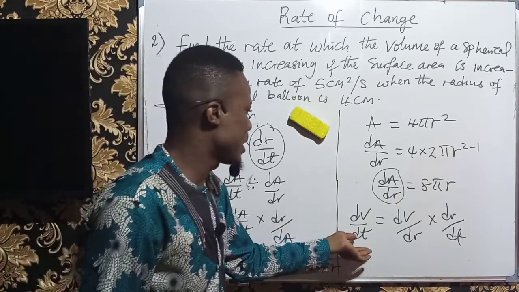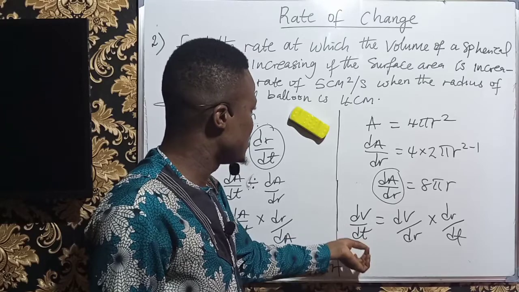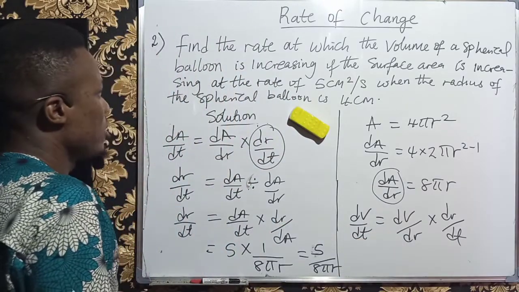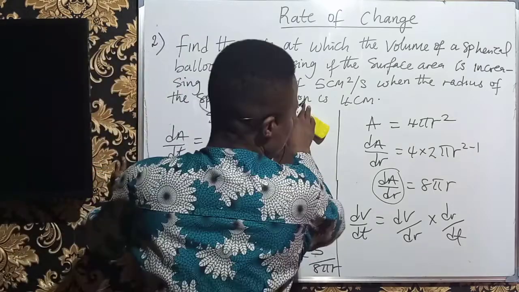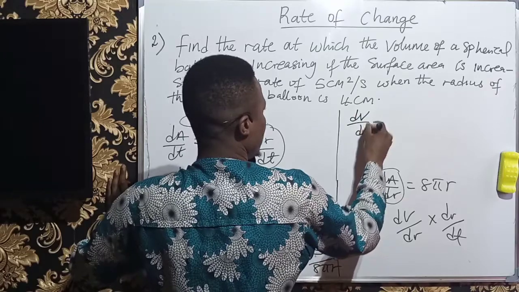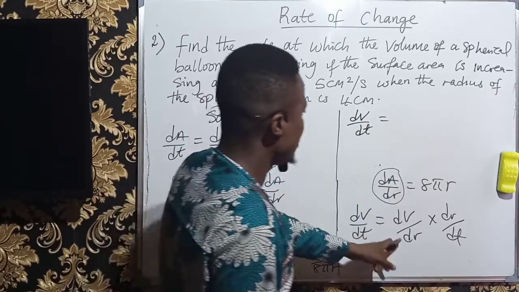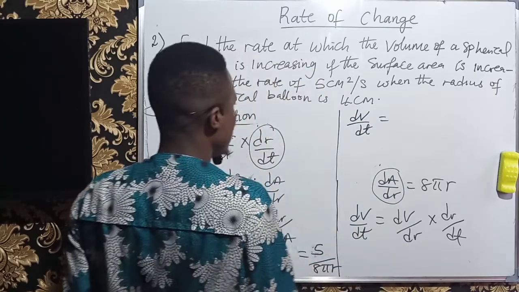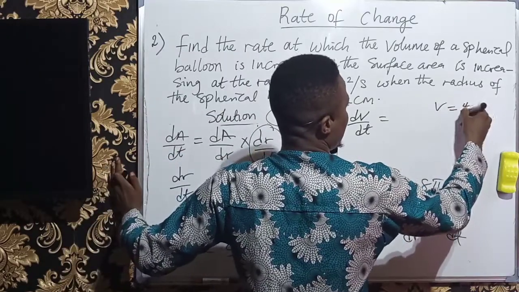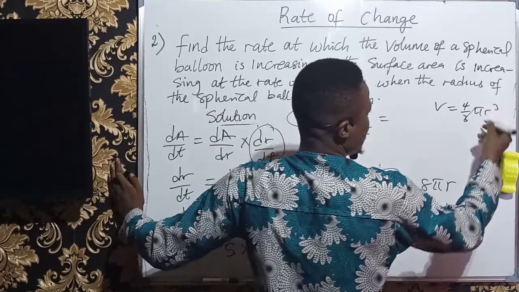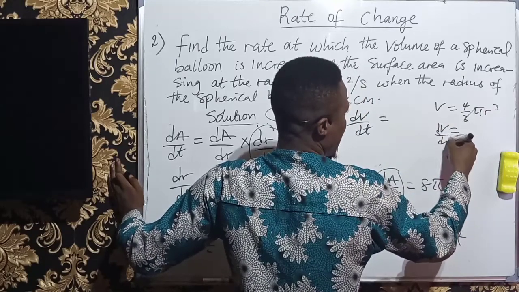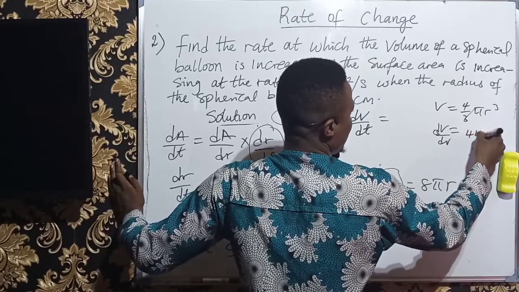So from the formula, I can now get my dV dt, because dV dt means dV dr times dr dt. dV dr is the rate the volume changes with respect to radius. So let's continue from here. dV dt, which I'm looking for, will just be dV dr. Remember initially we said that the volume is 4 over 3 pi r cubed, and after differentiating it, we found out that dV over dr gave us 4 pi r squared.